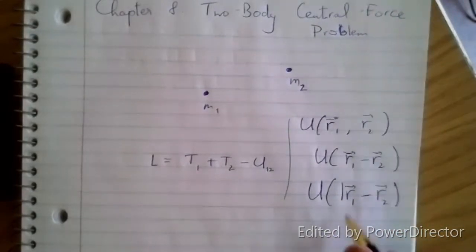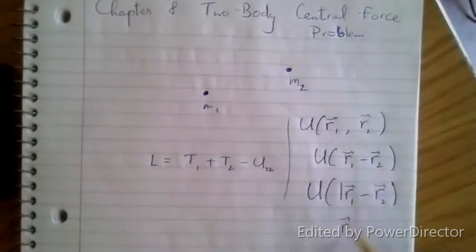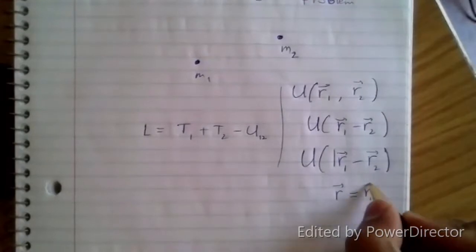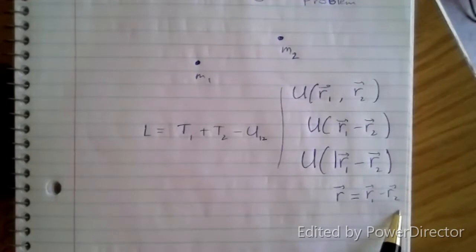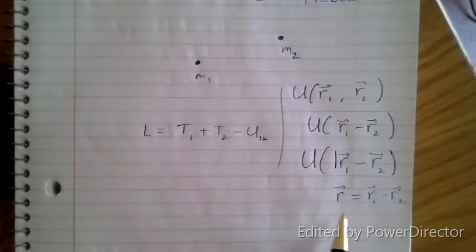So this suggests that we should describe the problem in terms of this relative position vector, R1 minus R2. So we are going to change our coordinates. Instead of using just R1 and R2 as our configuration variables, we're going to use this relative separation vector.